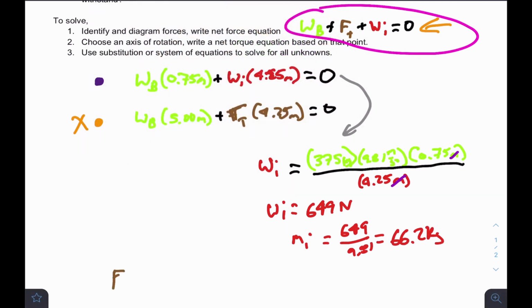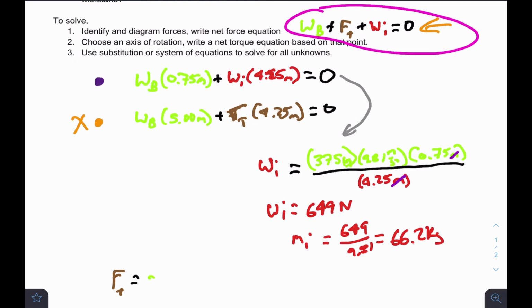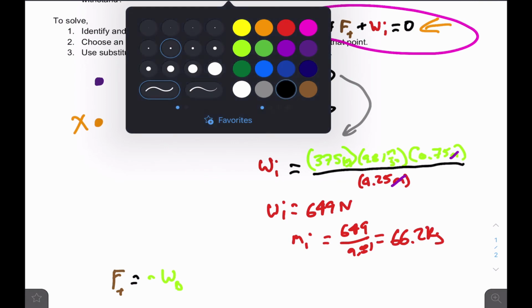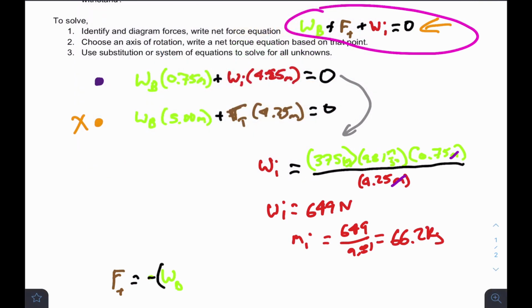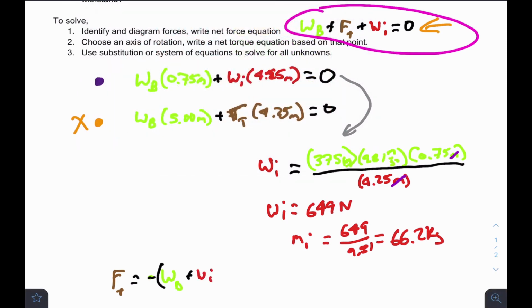So the force of tension is equal to, in its opposite direction, so that's equal to negative W of the barrel. I should put negative there, plus the weight of the influencer. So the negative is just telling us direction here. It's not really critical that we put that in like that.